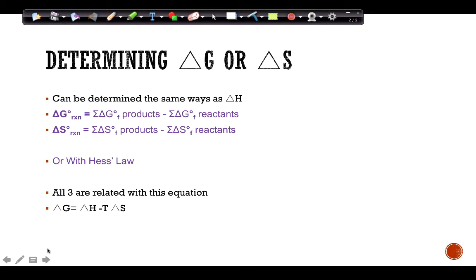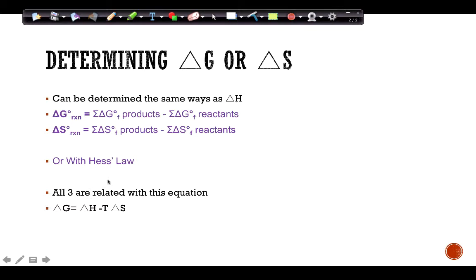All right, so if you're trying to determine delta G or delta S, you can do the same thing that we did with delta H, if you're given the delta G's of formation or the delta S of formation. So you can use that, or you can use Hess's law, same way that we did with delta H. All three of those things are related in this equation.